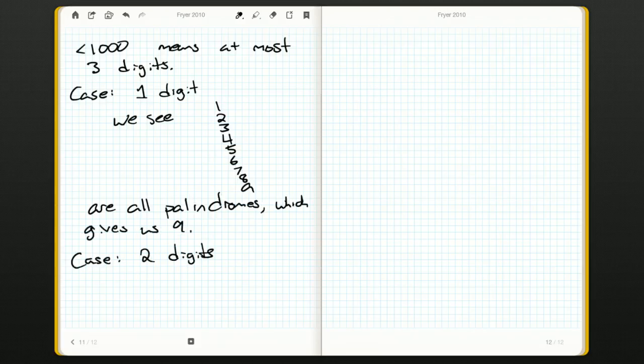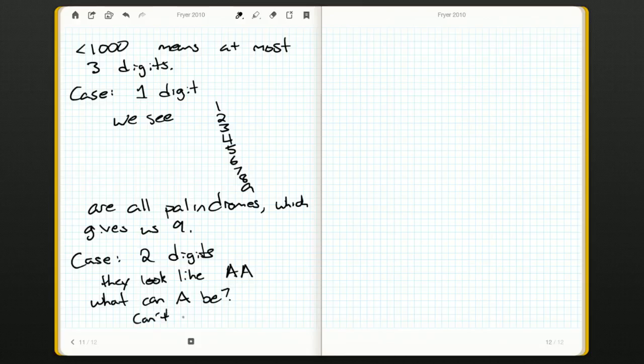How about 2 digits? How many 2-digit palindromes are there? Well, they're going to look something like AA. Right? It's going to have to be the same number repeated. That way, when we read it forwards, we get AA, and when we read it backwards, we get AA. So really, it's just how many choices do we have for A?